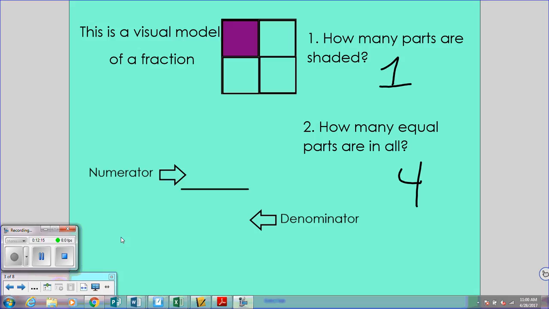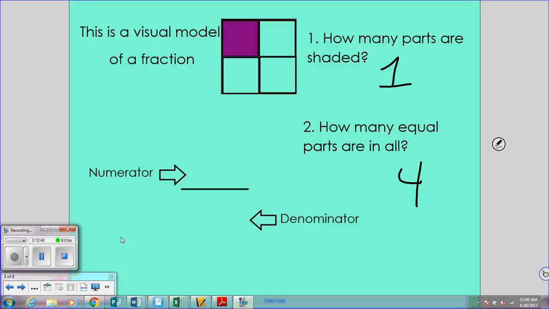And then we have a denominator. Somebody who was here yesterday, flip back in your notes. What does the numerator do? Natalie, what does our numerator do? How many pieces am I using, or how many pieces are shaded?